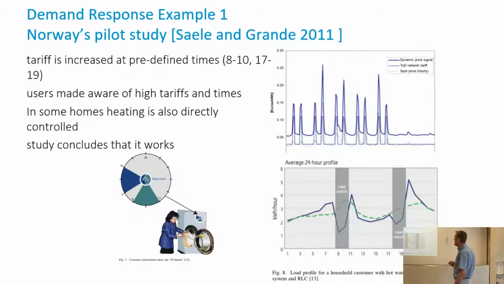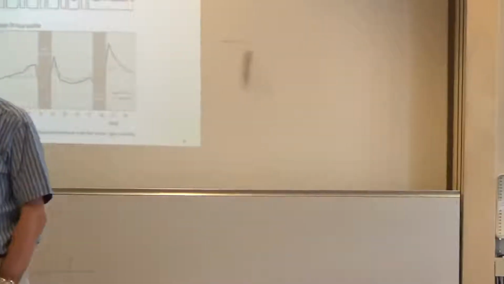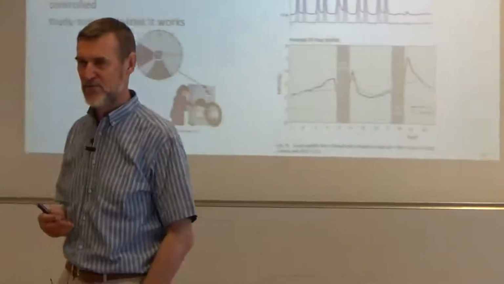Here is an example. So many countries have tried to do effective demand response. Here's an example that has been published in the literature that shows you very typically what can be done. You may remember when we studied the OPF problem, the concept of locational marginal prices.